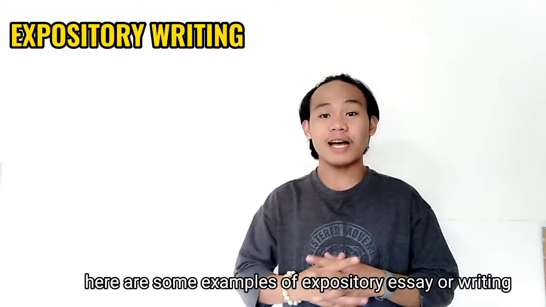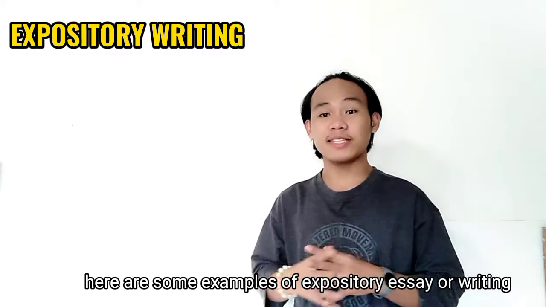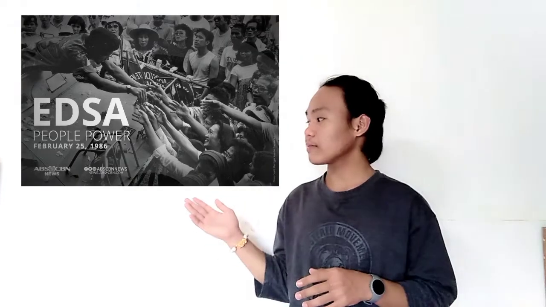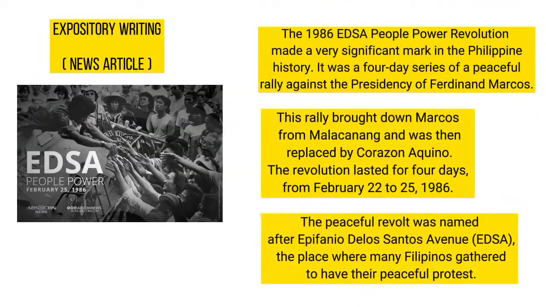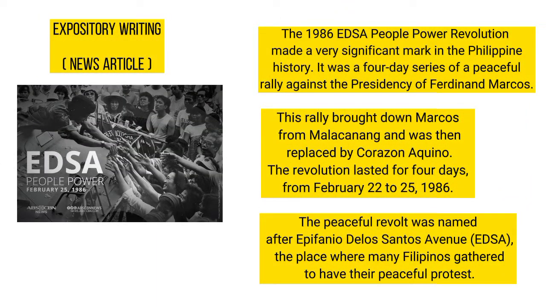Here are some examples of expository essays or writings. Have a look at this picture. As you see, this is a news article about the EDSA People Power Revolution. The 1986 EDSA People Power Revolution made a very significant mark in Philippine history. It was a four-day series of peaceful rallies against the presidency of Ferdinand Marcos.